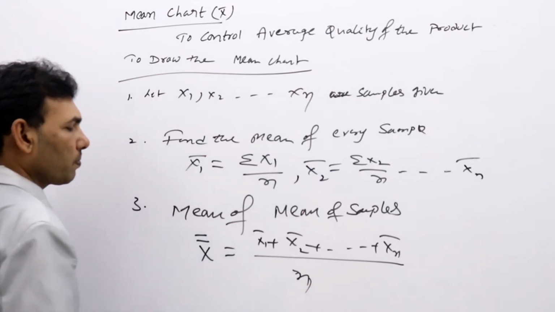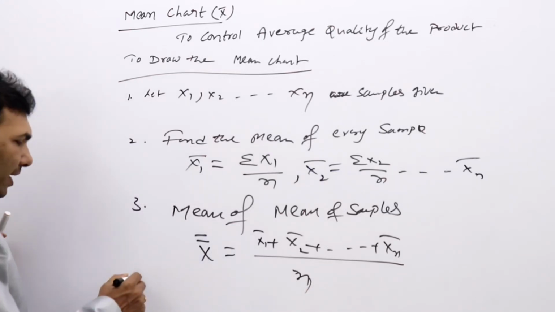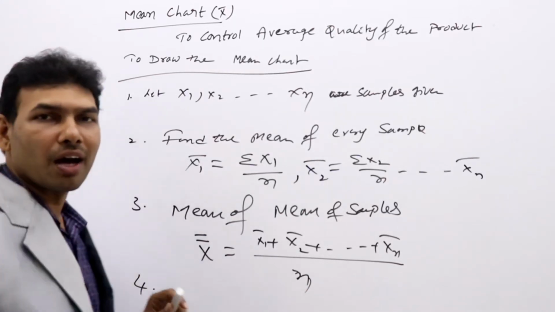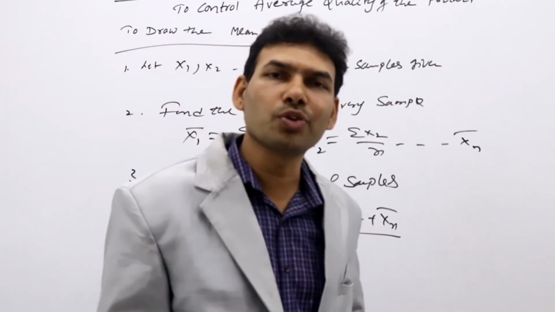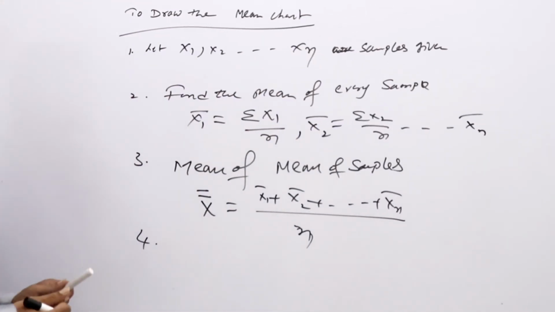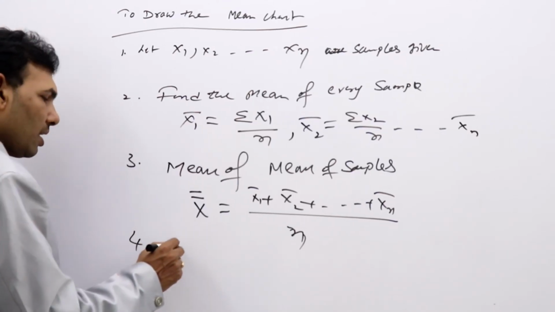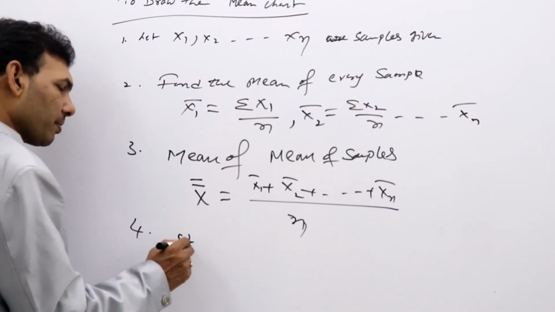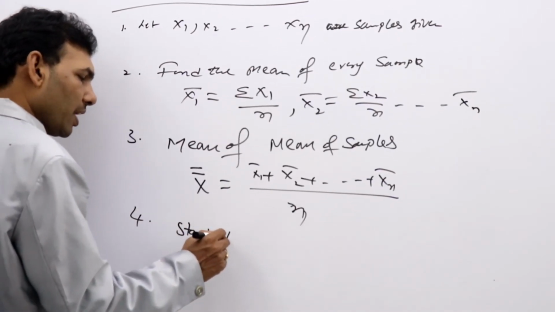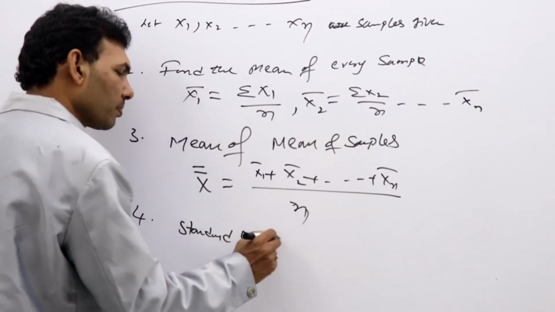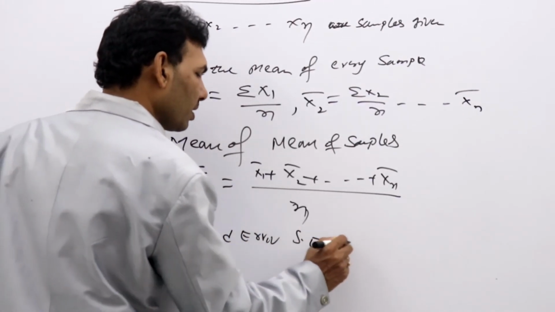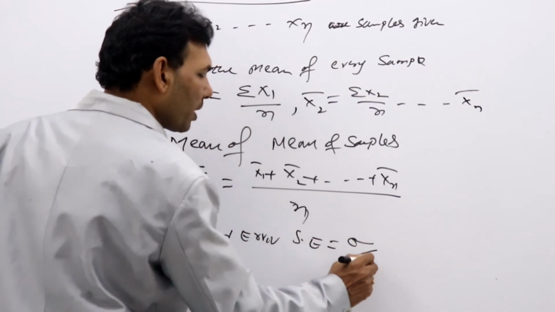After calculating this, draw the control lines using the formulas. Next, find the standard error. Standard error, that is SE, which is sigma by root n.